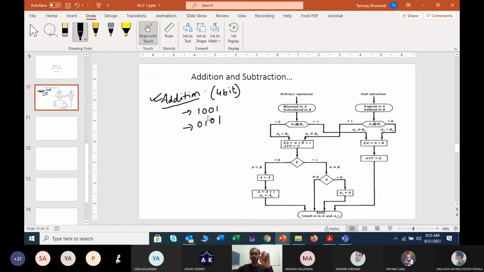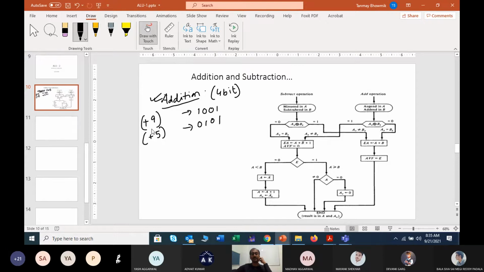Now, when the problem is given in the exam, it is clearly mentioned whether you are taking a positive or negative number. Here I have not mentioned it, but it should be written that you are going to perform addition between +9 and +5. This is 5 and this is 9.